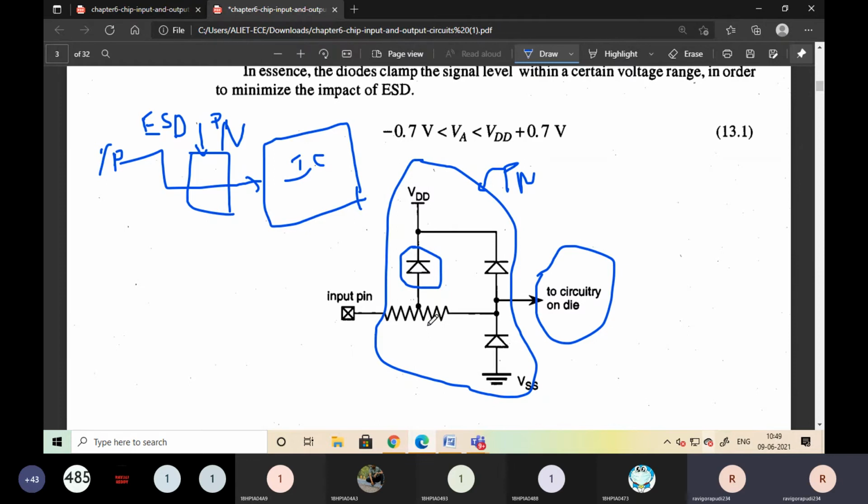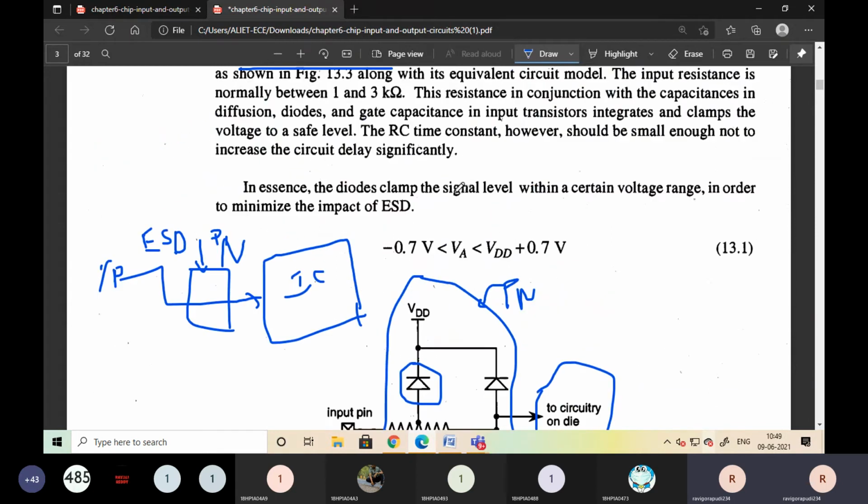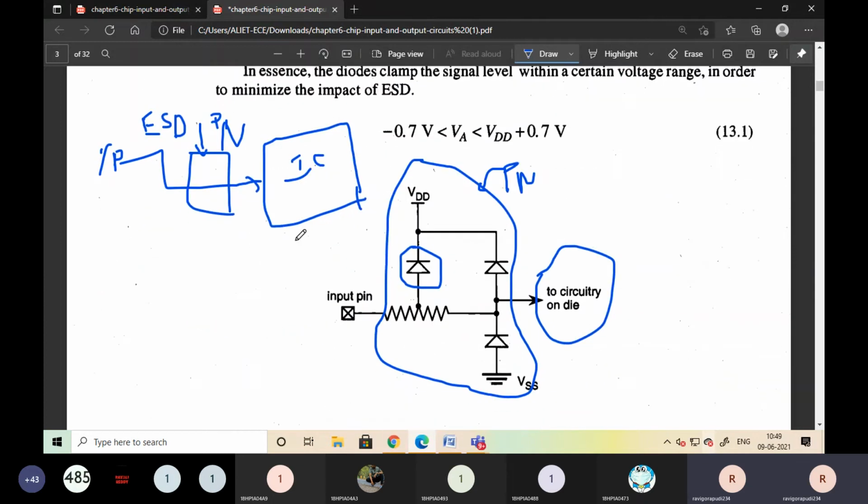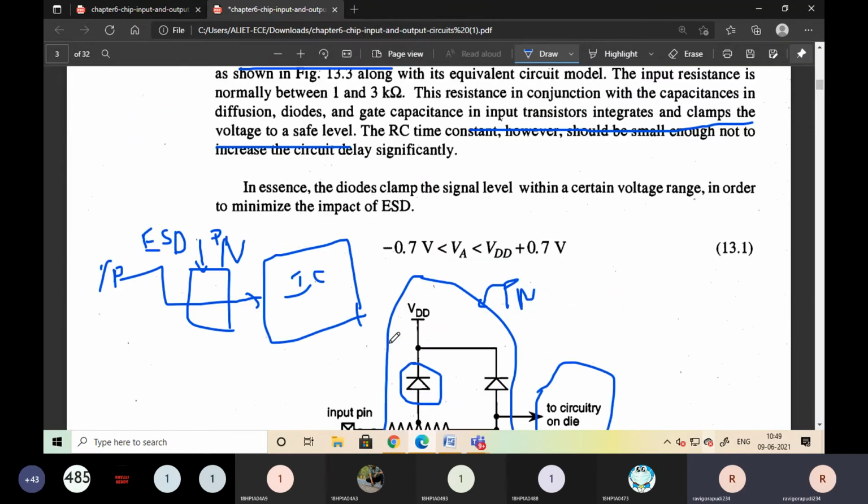This capacitance, resistance and diode will provide voltage clamping. For example, if more input voltage is applied, it will reduce that voltage. This protecting diode and resistor will reduce the high input level to the required safe level.